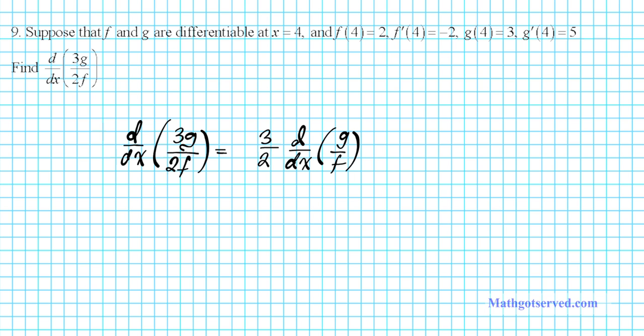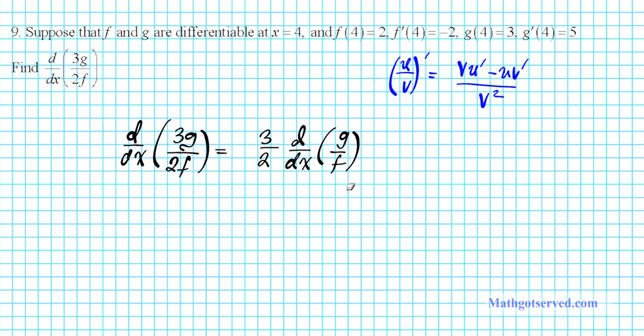Now that we have the quotient of two functions, what formula are we going to use? We're going to be applying the quotient rule. So u over v prime is equal to v u prime minus u v prime, divided by v squared.